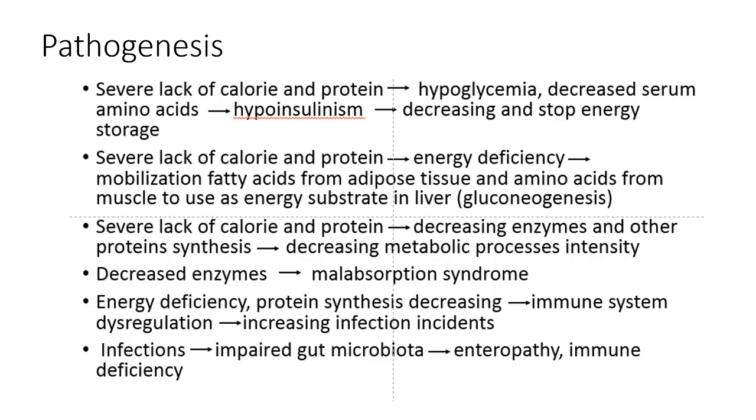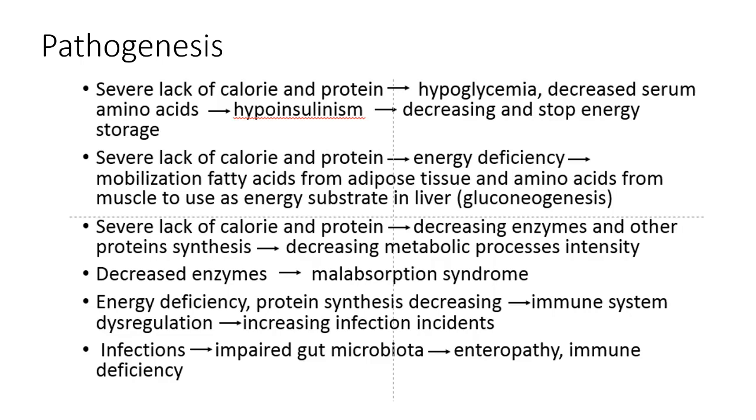This leads to decreased intensity of metabolic processes, so we've got low digestion of food and low absorption because the gastrointestinal enzymes decreased. We've got a low rate of transport in the bloodstream. Nutrients can't be transported very fast.